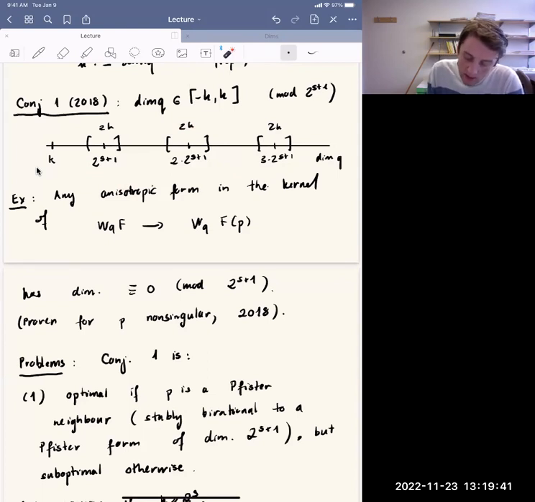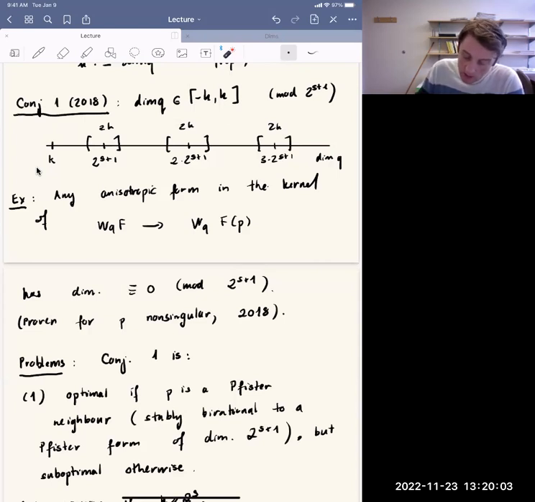But last year, I've found a proof of this conjecture in a test case, and this is the case where Q is a so-called quasilinear form over a field of characteristic 2. And in that case, the proof reveals a much stronger conclusion than what conjecture 1 here predicts.